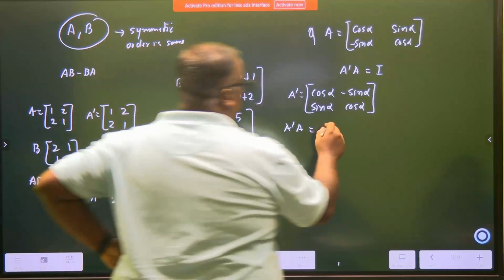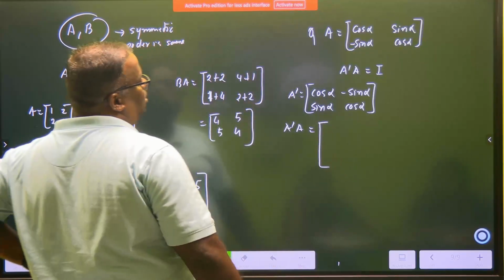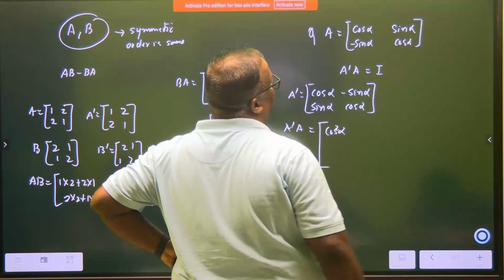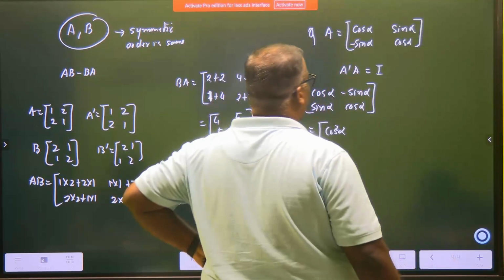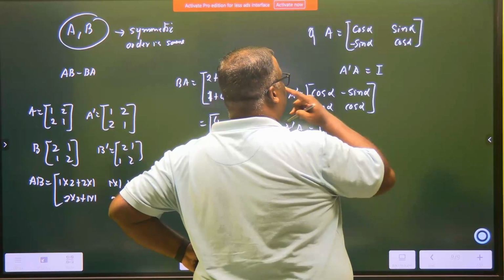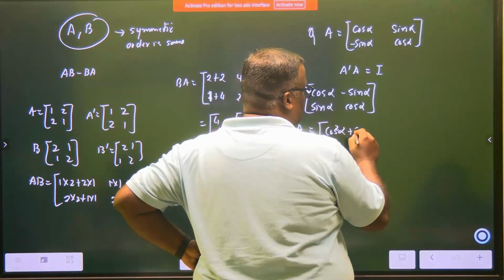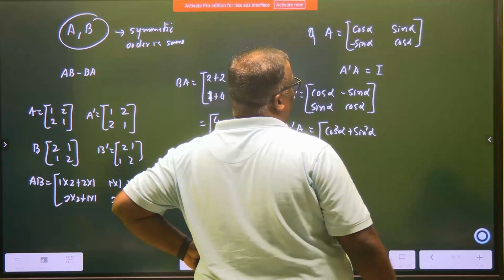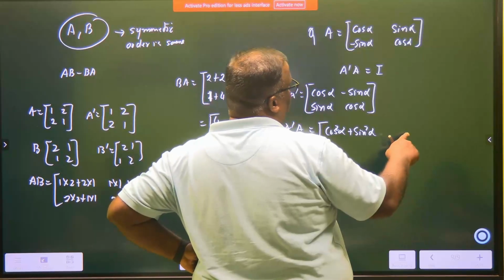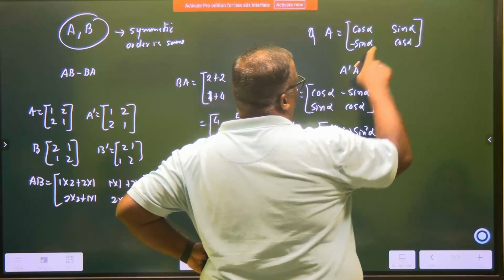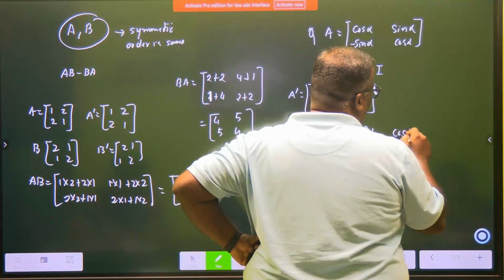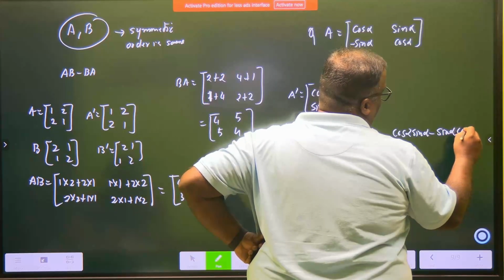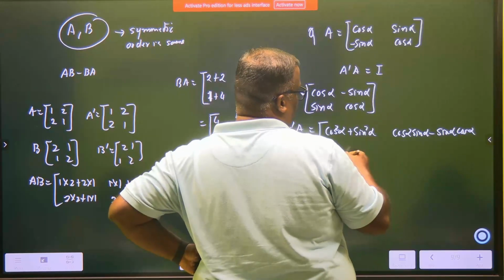Now we are supposed to find A complement A. So let's do it. Rows into column. Cos alpha into cos alpha will be cos square alpha, then minus sin alpha into minus sin alpha will be plus sin square alpha. So this is already coming as 1. You have to prove that it is identity matrix. Here we should get 0. Cos alpha into sin alpha is cos alpha sin alpha minus sin alpha cos alpha, so we're getting a 0 here. Here again we should get a 0.